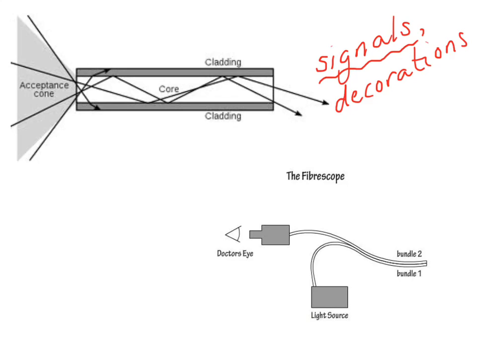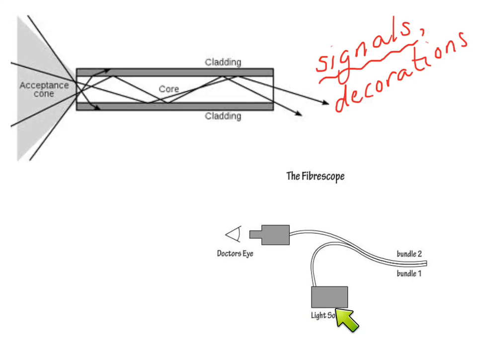Another use for a fibre optic cable is something called a fiberscope, or sometimes an endoscope, and that's where medical staff want to look inside somebody's body so they can feed a tube down inside you, and the fibre optics are split into two bundles.